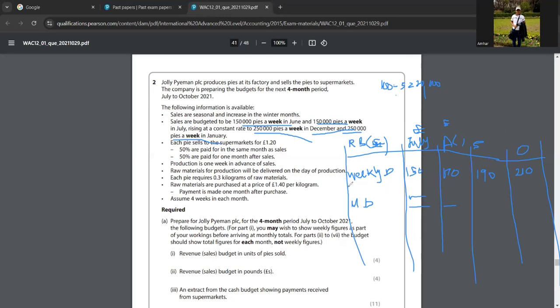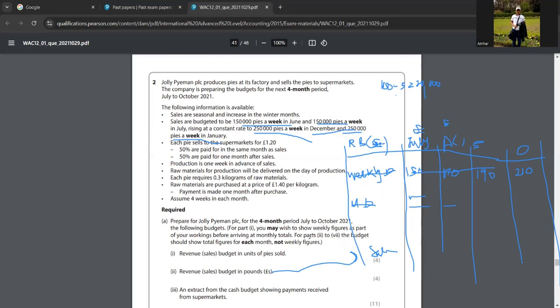So now how will you do sales units? Instead of weekly demand and monthly demand, you won't get that, because this is a different answer. So under the first part, you write sales units. So what's the sales units for July? 150,000 into 4, which is 600,000.